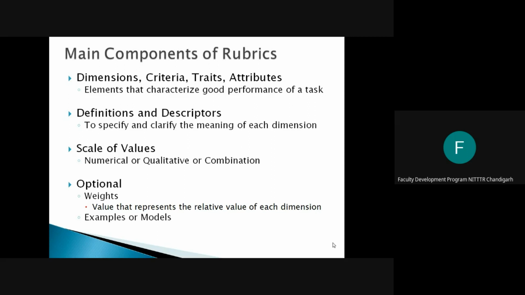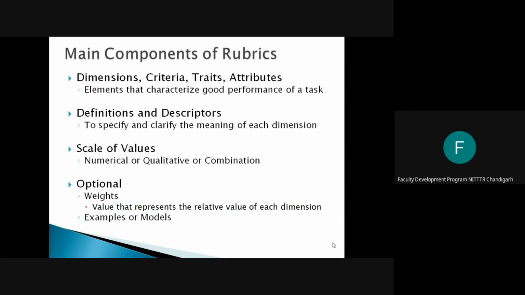So I am giving the description of every criteria under the term descriptor. Is it clear? Specifying the meaning of each criteria, the meaning of each dimension, that is descriptor. It will be more clear when you see the next slide.